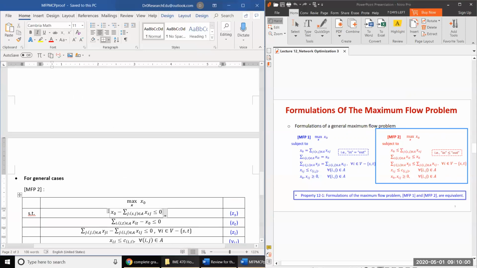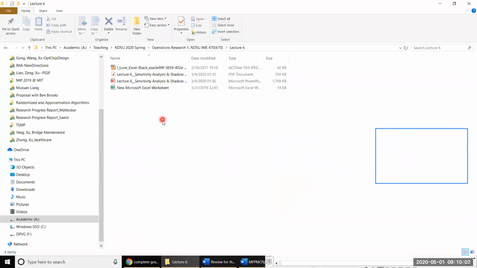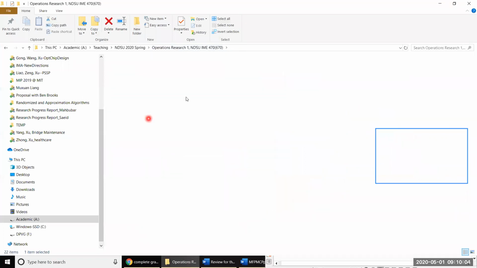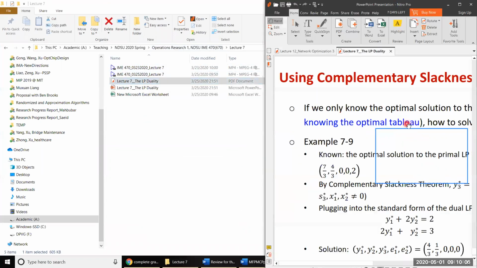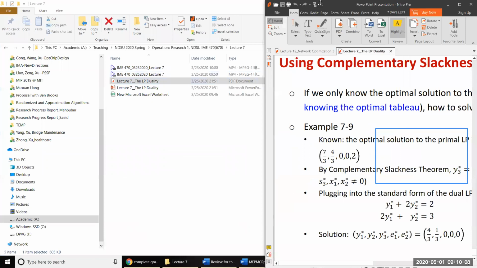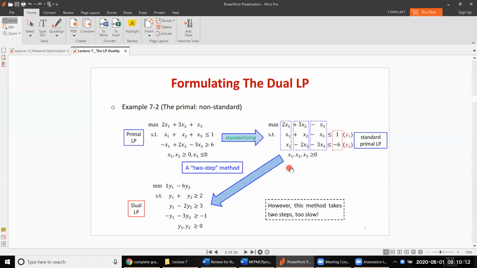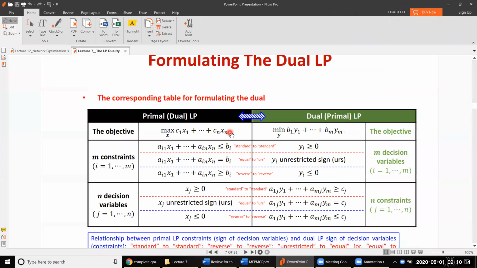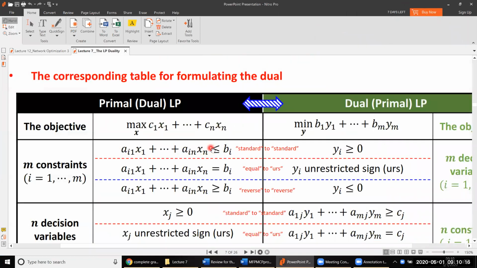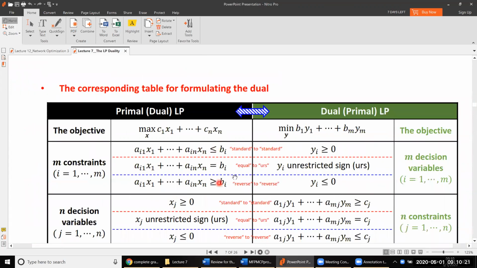Why? Because here, in lecture 7, duality, right? Here I have this table, see it? I need to make sure that everything with respect to x is on the left-hand side, and the right-hand side is only a constant. For example, 0, or whatever number. The right-hand side should be only a constant.